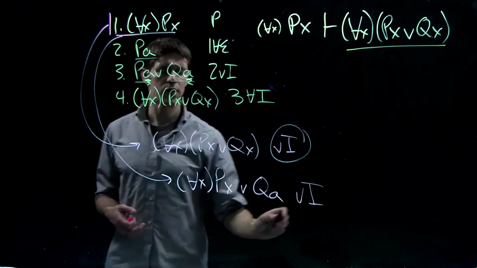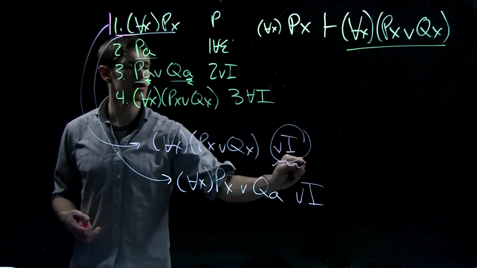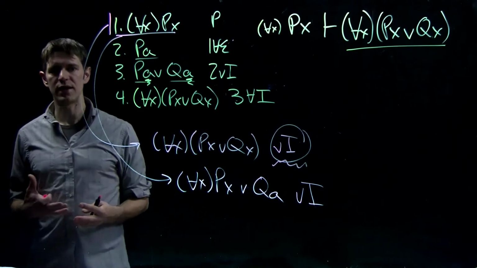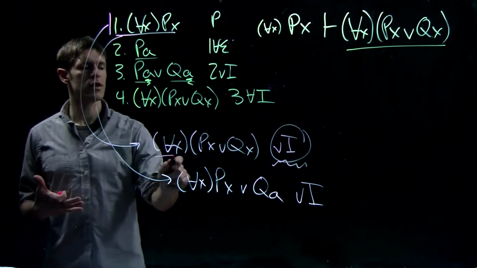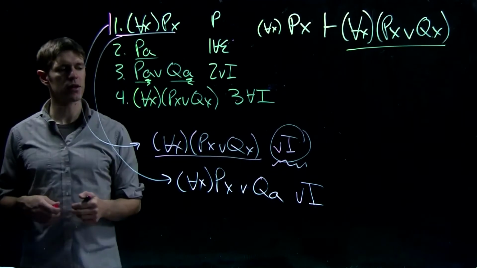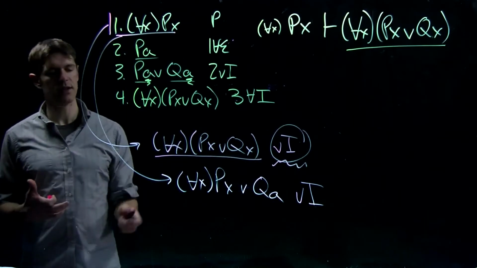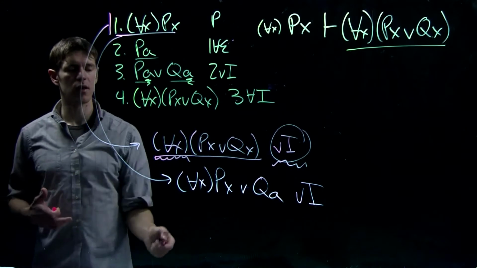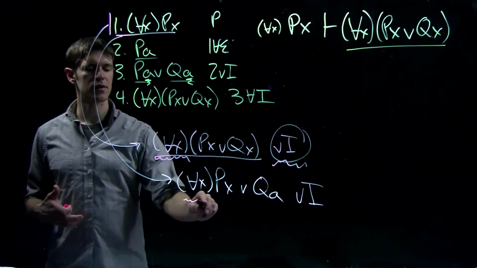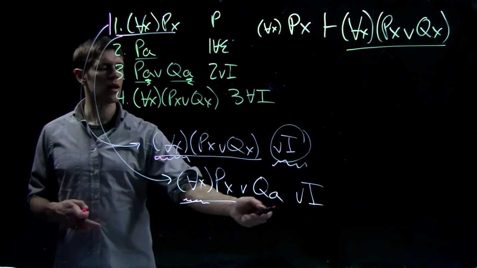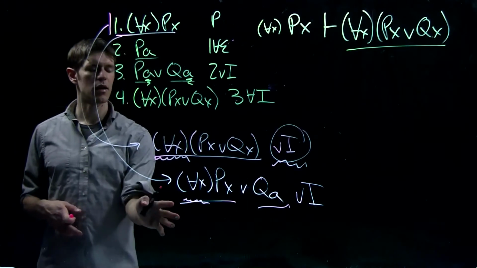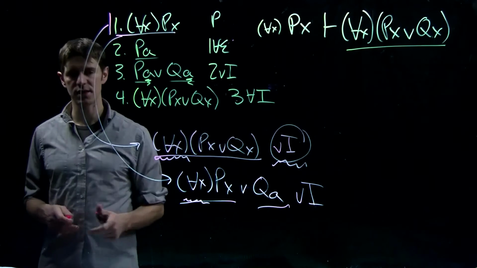But when you're using disjunction introduction, you're actually forming a disjunction. You're introducing into the proof a disjunction. Whereas this formula, Ax, Px or Qx, is not a disjunction. It is a universally quantified formula. In contrast, an acceptable use of disjunction introduction would be this Ax, Px or Qa, because this formula is a disjunction.